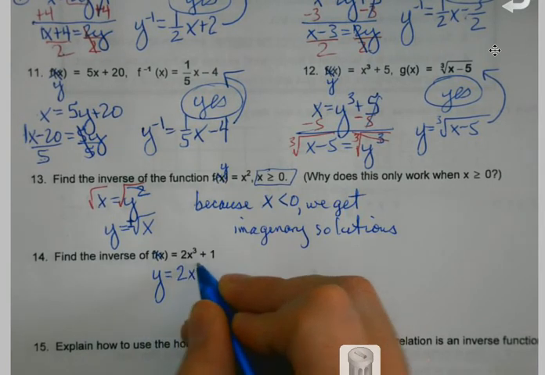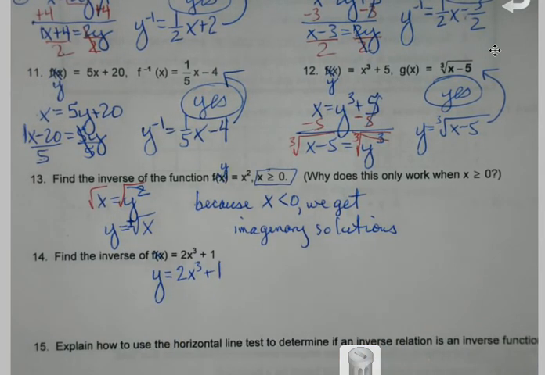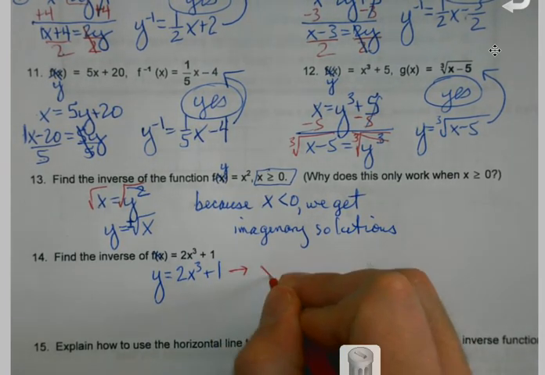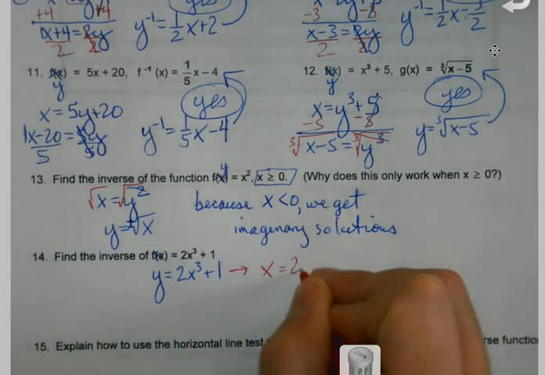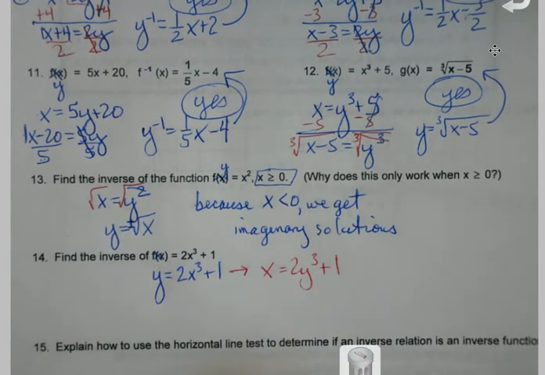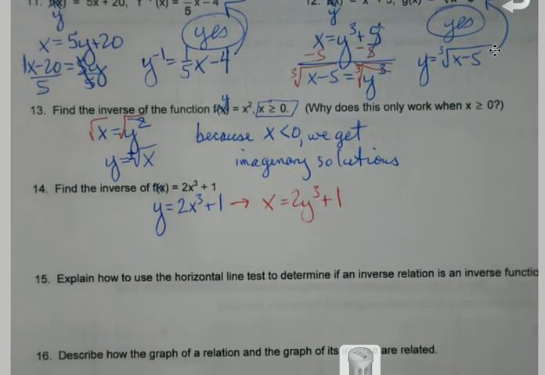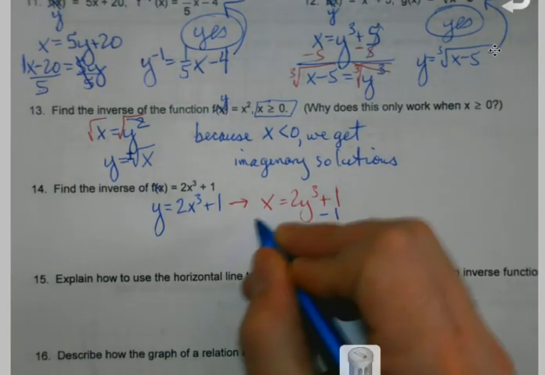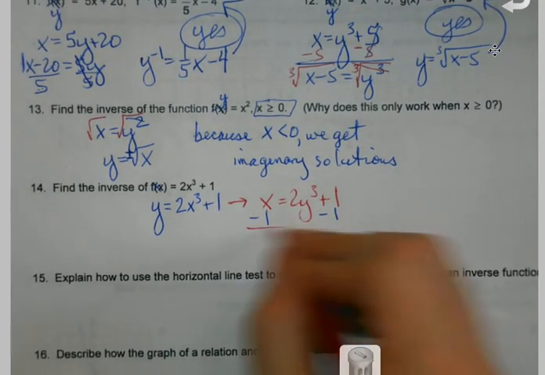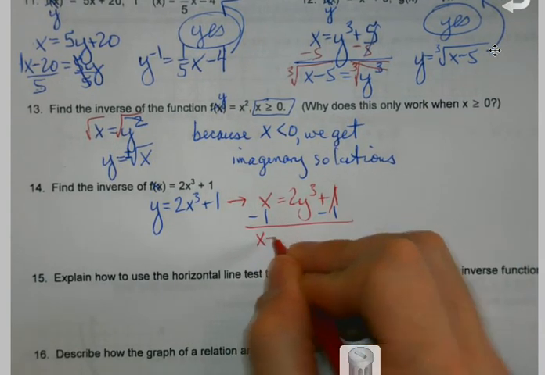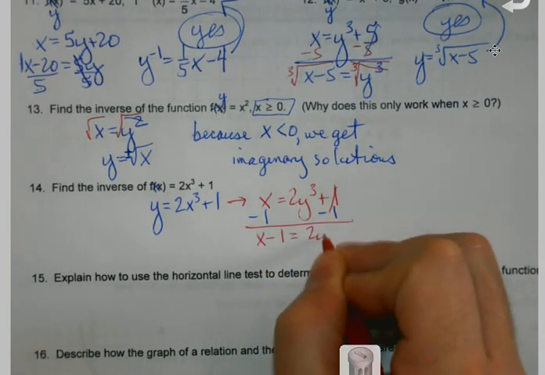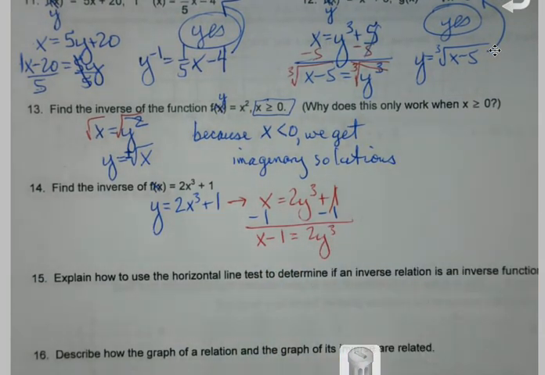Okay. So again, f of x is just a fancy way of saying y. We switch the x and the y around and go to work on solving for y. And again, don't mess with that exponent until y is completely isolated.